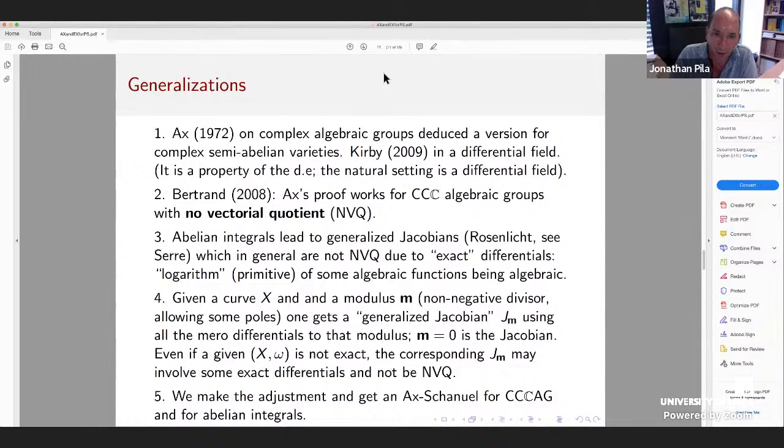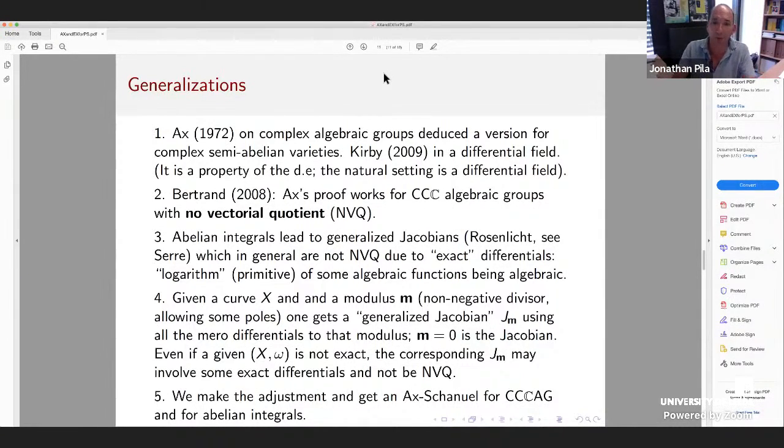But abelian integrals of the type we're going to consider lead to generalized Jacobians, as studied by Rosenlicht, and also see the book by Serre.